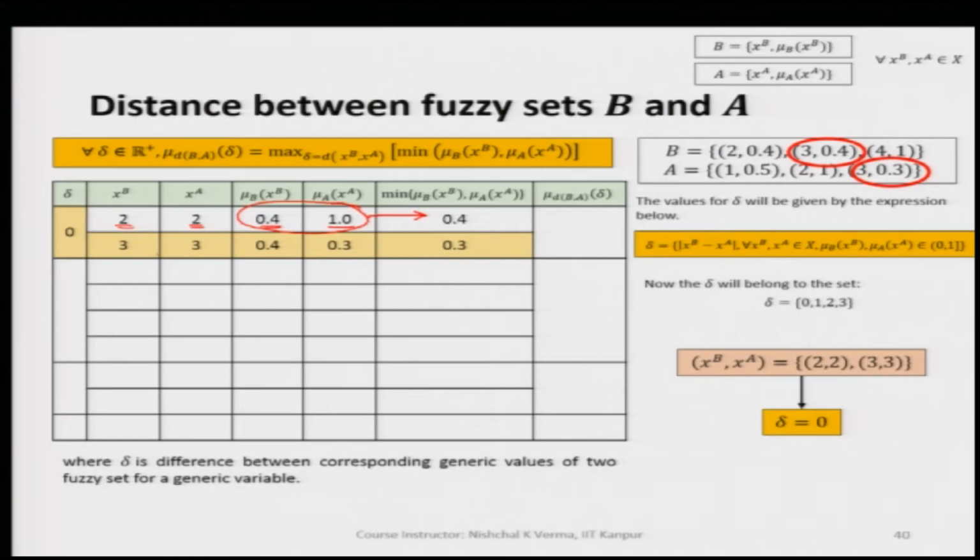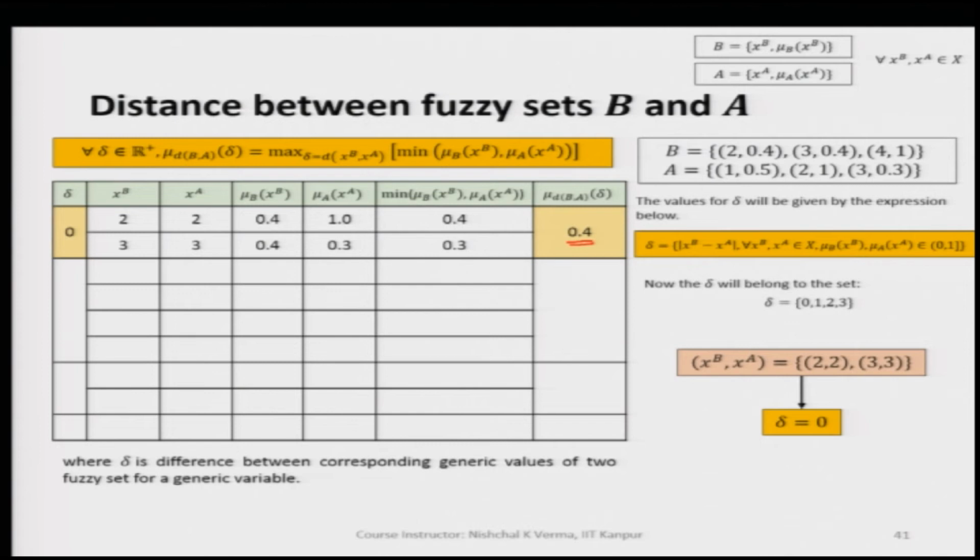Similarly, for 3 3 we get 0.3. As we have already seen in the previous example, mu d of b comma a of delta, we are going to take the max of these two values. When we take max of these two values, we get 0.4. Now we have completed all the entries for delta equal to 0.